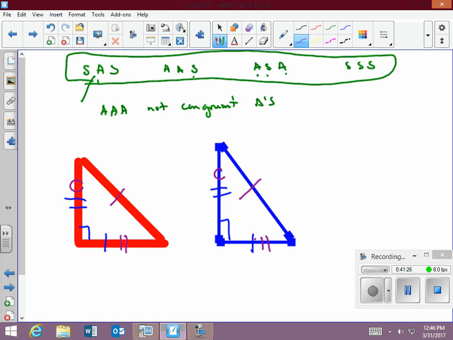You know the hypotenuse and the side, and therefore you could show that the third side is congruent, and then you'd have side angle side.